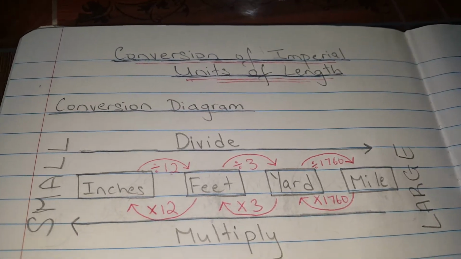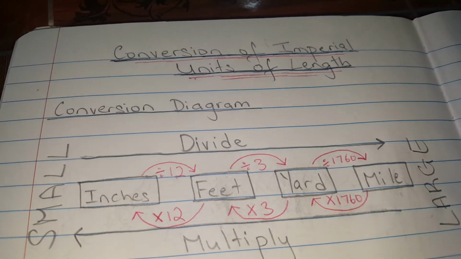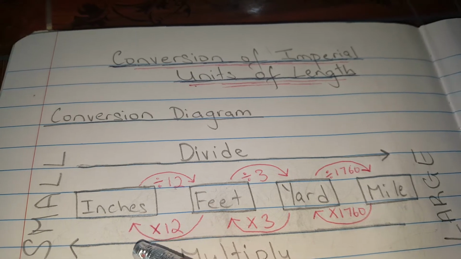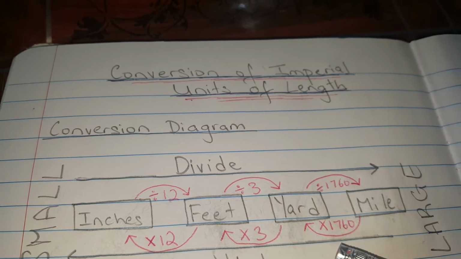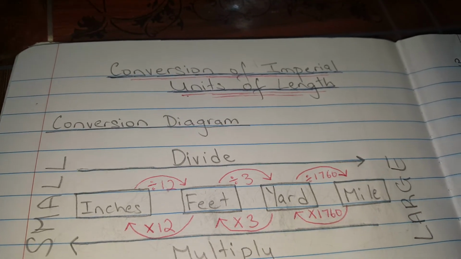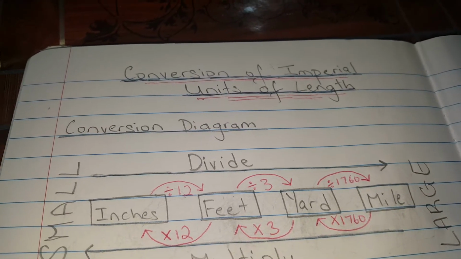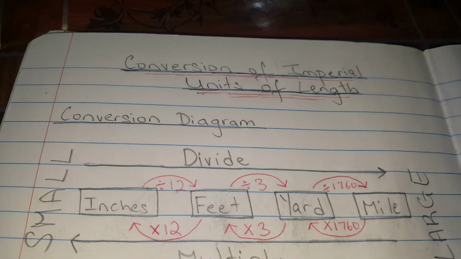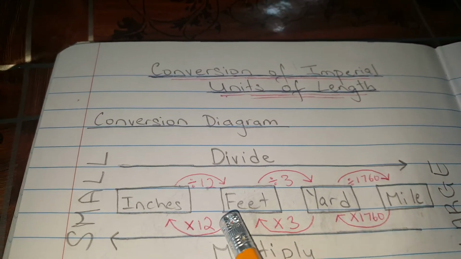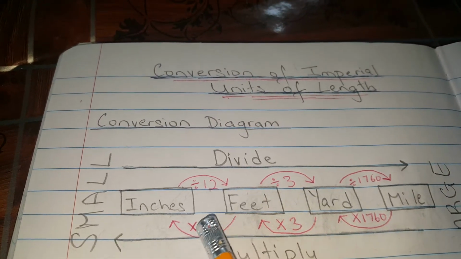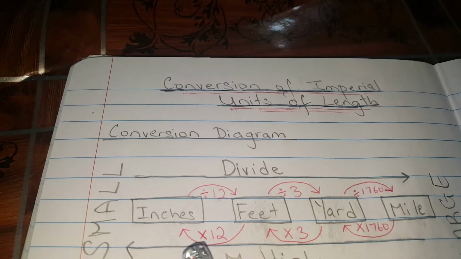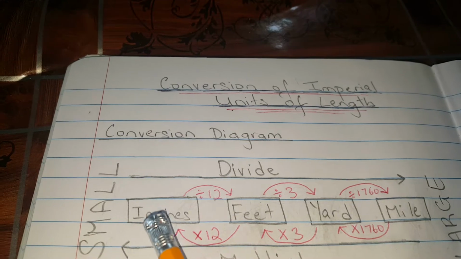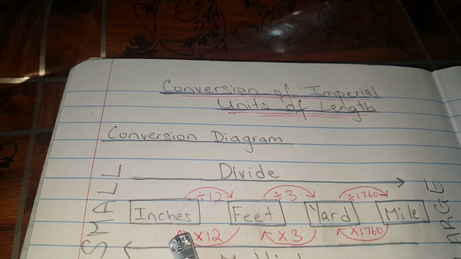If that's clear, we'll now look at the values here. I know you're seeing 12, 3, and 1,760. These numbers are what we call our conversion factors. The 12 is associated with the inches and the feet only. That can only be used when you're converting from inches to feet and vice versa.